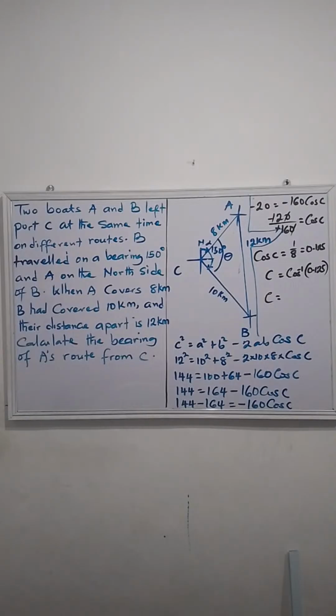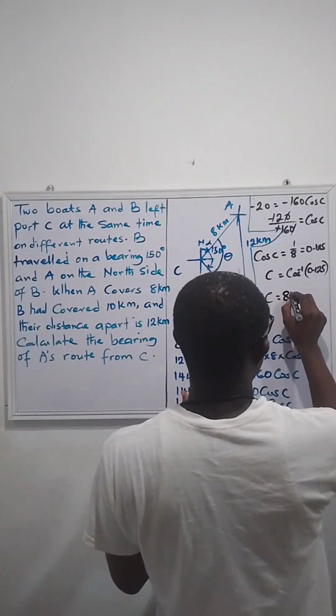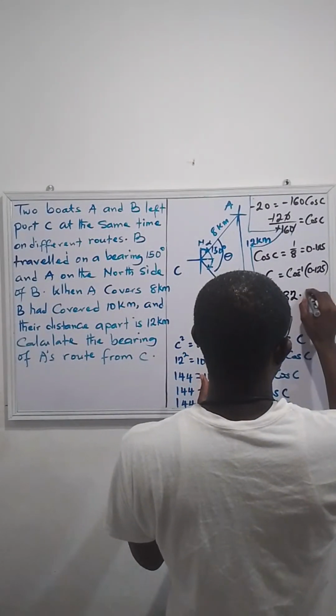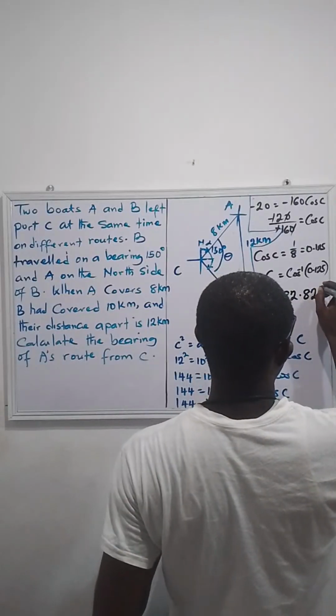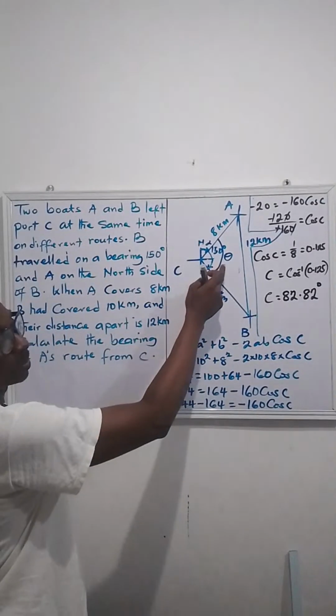Okay, I can see King. That's 82.81. Is there any other answer different from that? If you have anything different, let me see that. What I have here is 82.82 degrees, and that is the same thing as our theta.